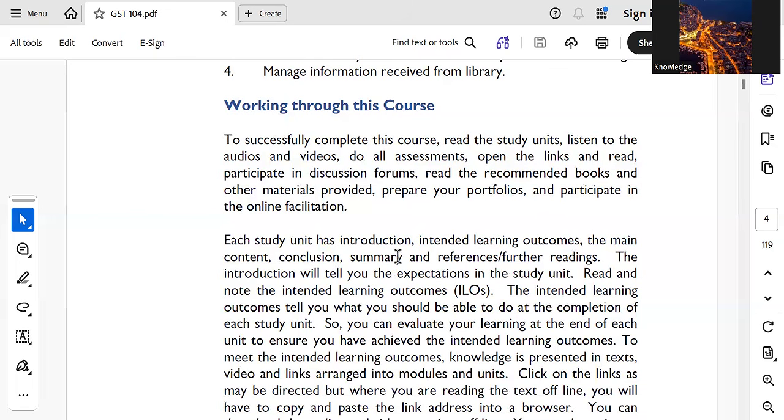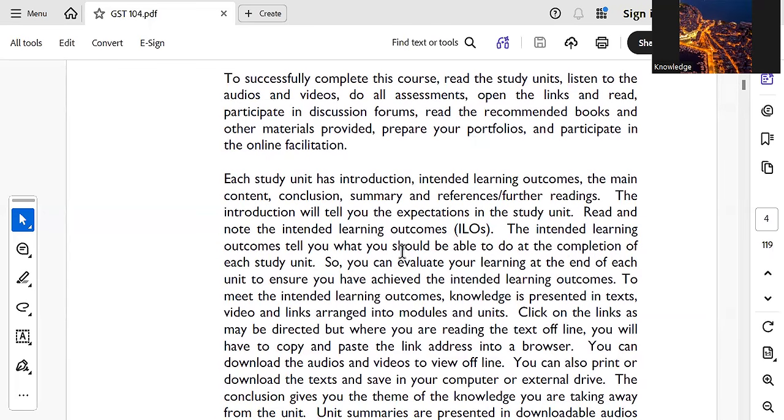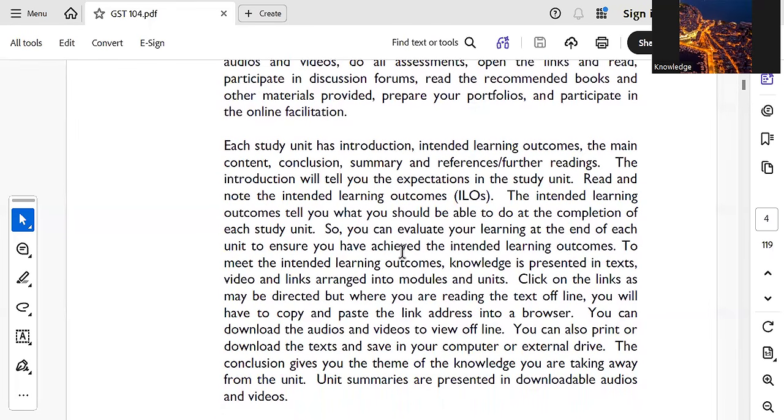So I was saying, to successfully complete this course, you read the study units, listen to the audios and videos, do all the assessments, open the links and read, participate in discussion forums, read the recommended books and other materials provided, prepare your portfolios and participate in the online facilitation. Each study unit has introduction, intended learning outcomes, content, conclusion, summary, references, and further readings.